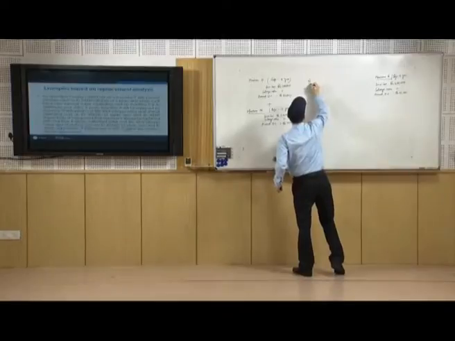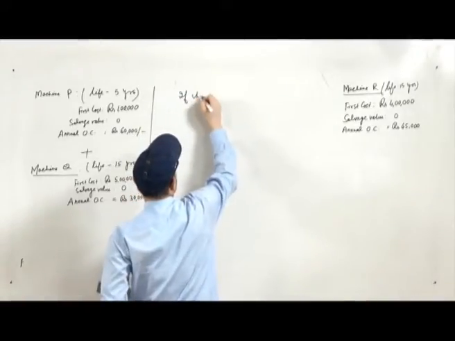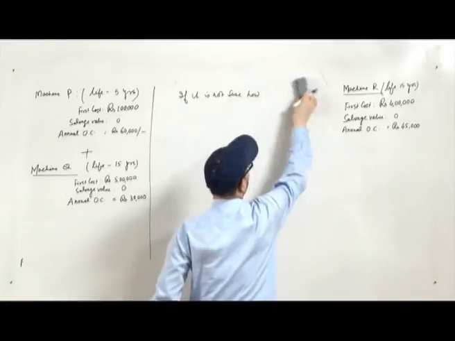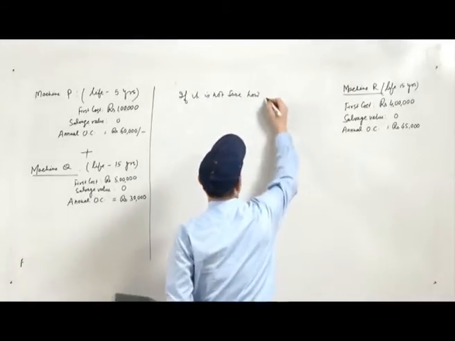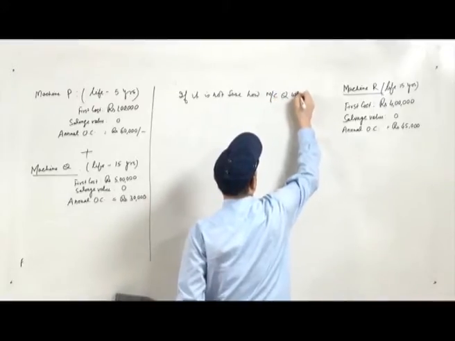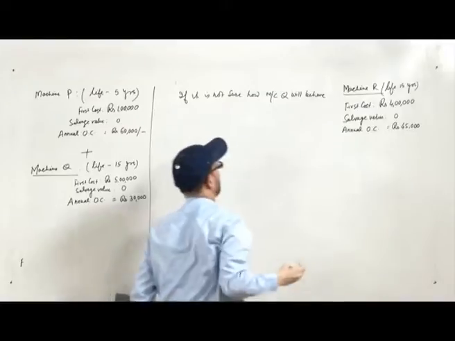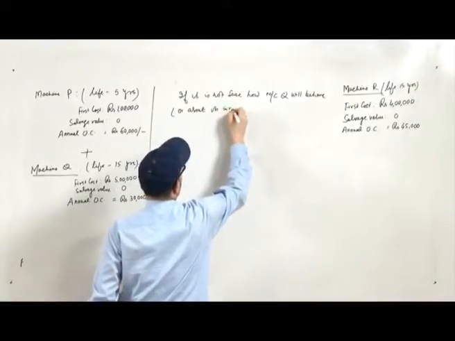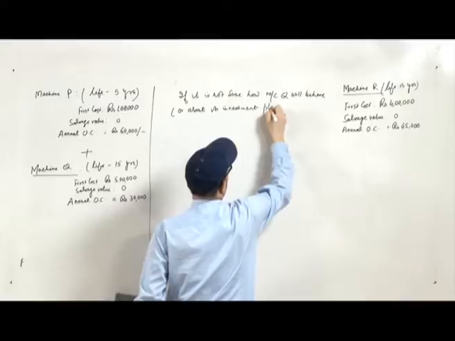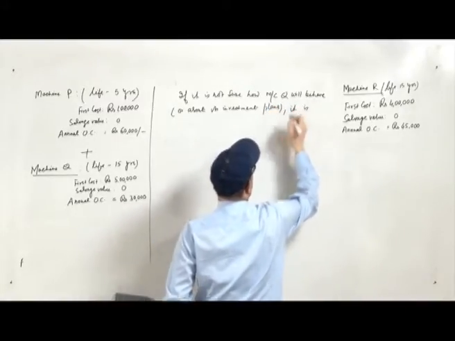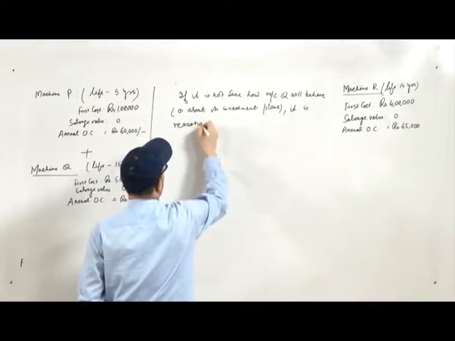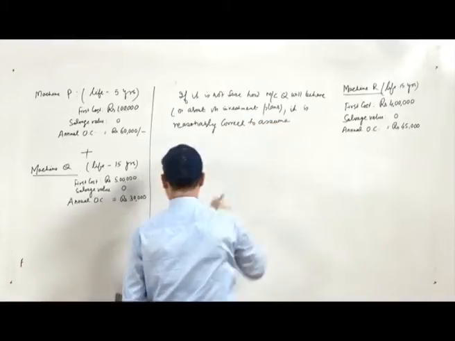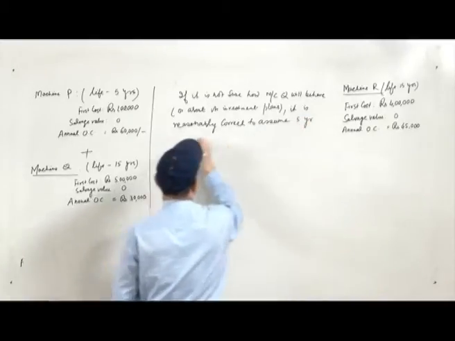So, if it is not sure how machine Q will behave, or about its investment plans, it is reasonably correct to assume a 5-year study period.